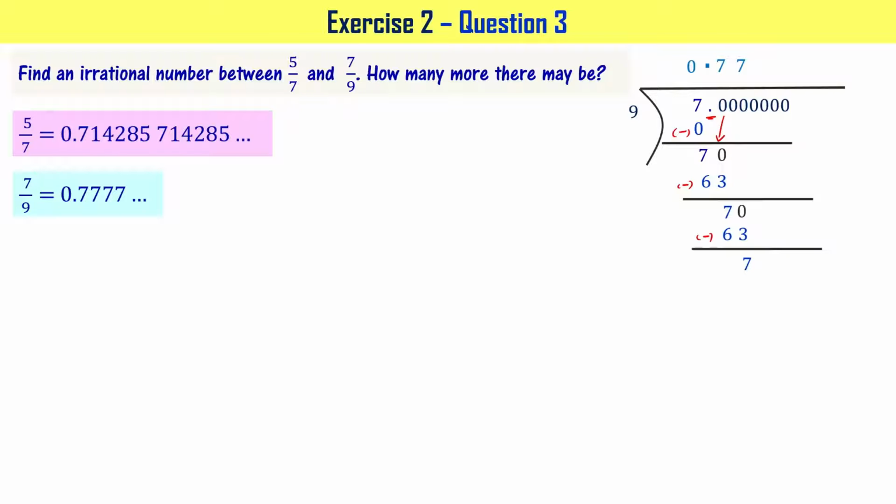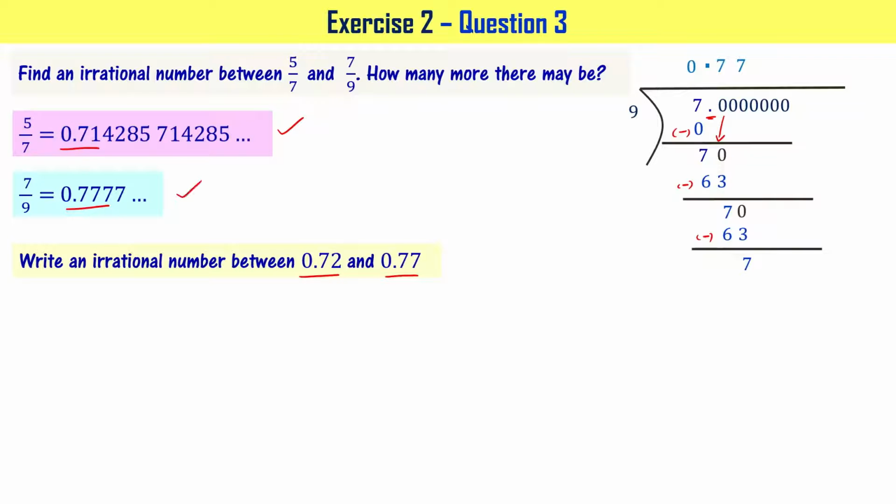Look at these two numbers. One is greater than 0.71, the other is greater than 0.77, right? So now I am saying write an irrational number between 0.72 and 0.77, right? If you write an irrational number between 0.72 and 0.77, then it is going to be automatically in between these two numbers, right?